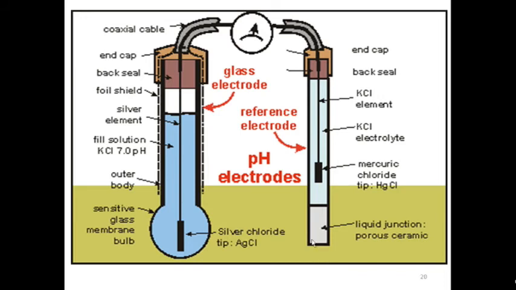The pH meter measures the potential difference and the changes across the glass membrane. The potential difference must be obtained between two points.